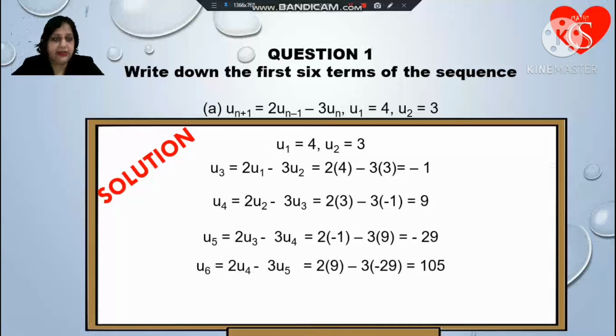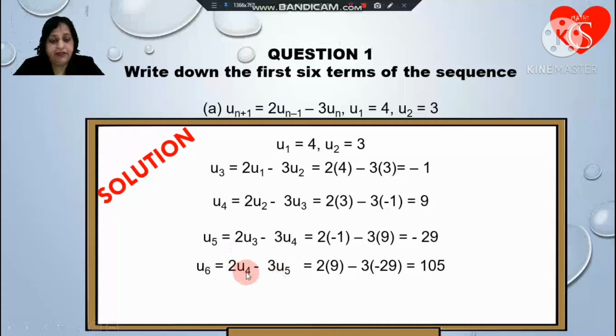Lastly is the sixth term. Same concept: the sixth term is 5 plus 1, so this will be 5 minus 1, the fourth term, and here will be the fifth term. Therefore the sixth term equals 2 multiplied by the fourth term minus 3 multiplied by the fifth term.